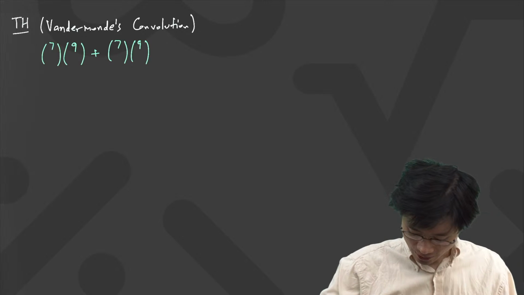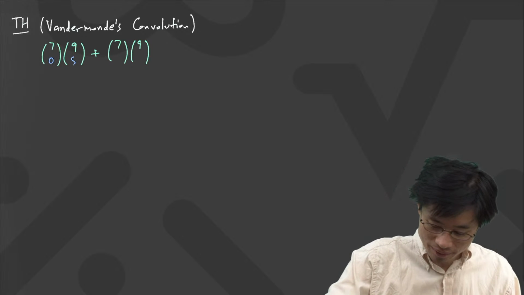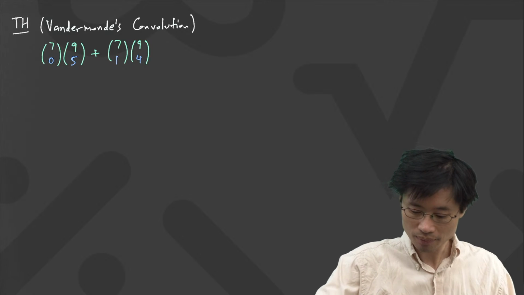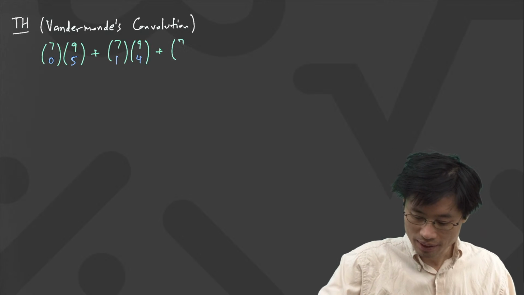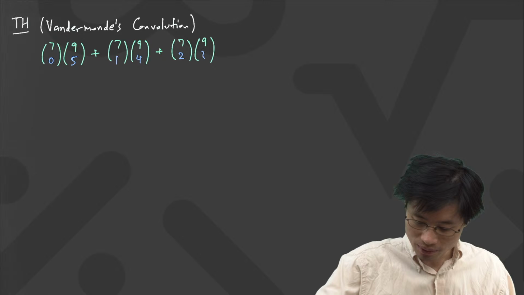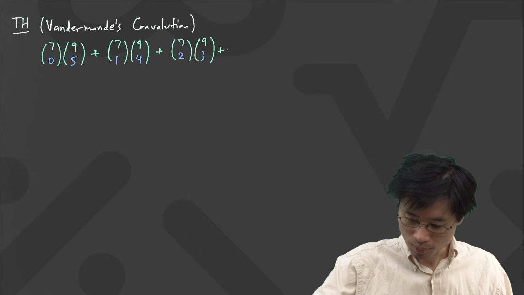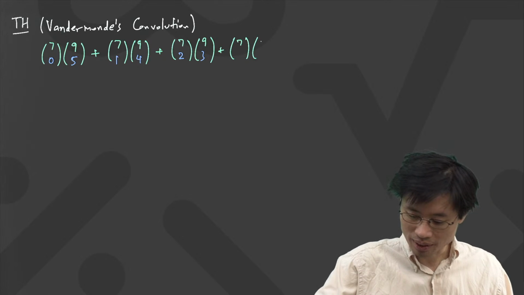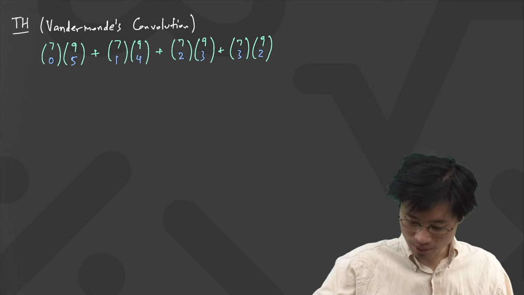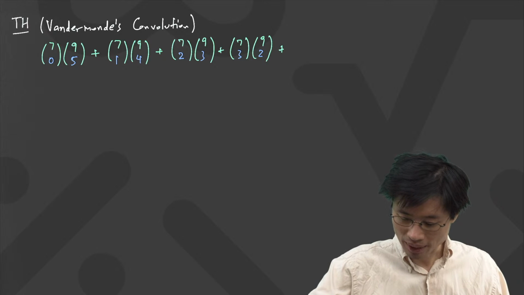That'll be better. So let's go and use 0 and 5, then 1 and 4, and then 7 choose something times 9 choose something, but those will be 2 and 3, plus 7 choose something, 9 choose something, and then it becomes 3 and 2, plus 7 choose something, 9 choose something.